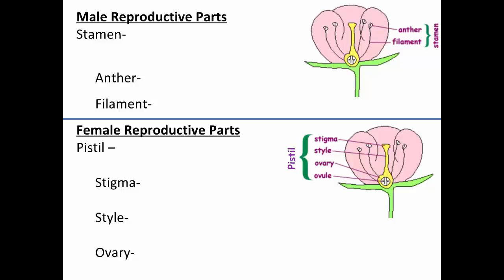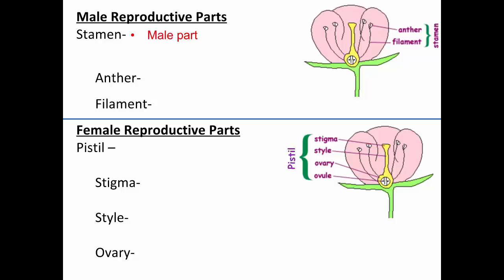This whole entire thing is called the stamen. If you ever looked at a flower closely, you've seen these things sticking up with a little bulb at the end. Sometimes it's powdery, might have sort of dust on it. These are the male reproductive parts. The whole thing's called a stamen.